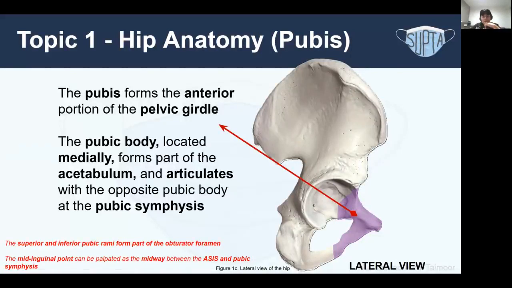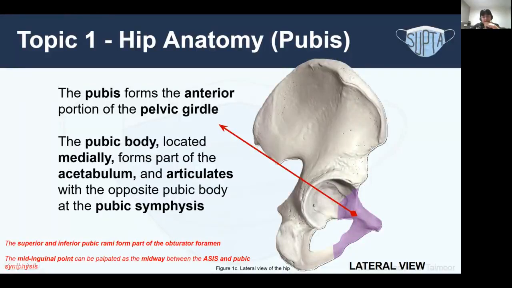I've highlighted what each portion is, just so you can better understand what goes where. And then that articulates at the very end here with the opposite pubic body, like I mentioned, at the pubic symphysis, which we'll see in a moment.